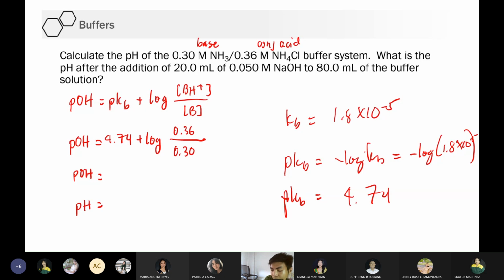So the pOH is 4.82. In terms of pH, that is equal to 9.18. So that's the pH of this buffer solution.